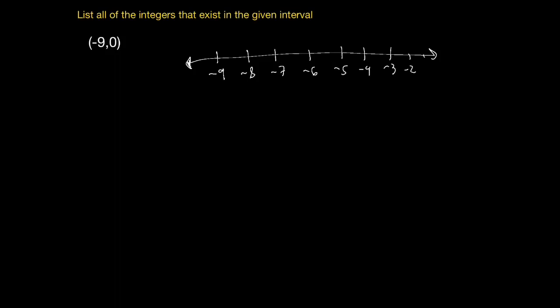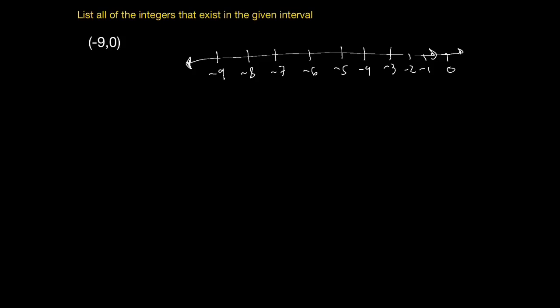Actually, let's just do one more. So we have negative 9, 0. Here we begin at negative 9, negative 8, and again we always start from left to right. So negative 7, negative 6, negative 5, all the way to 0.